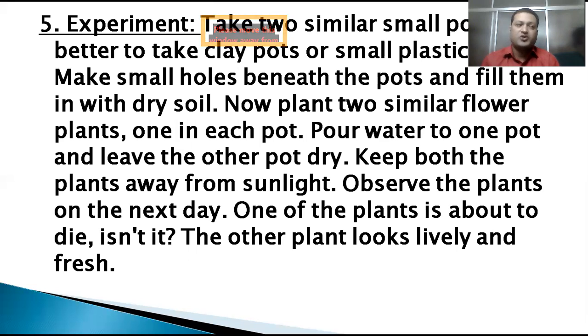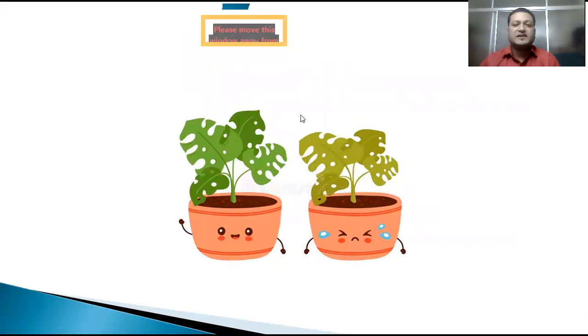Definitely, the plant you give water to will be fresh, and the plant you do not give water to will become dry. Okay, so let's see what happened. This is the fresh plant, as you understood, because it was given water, and this is not the fresh plant because we did not give any water, isn't it?